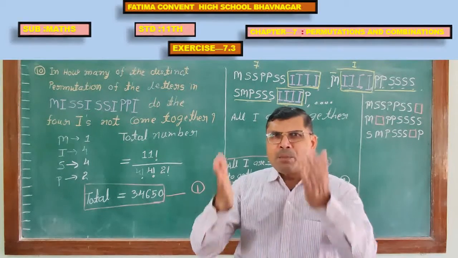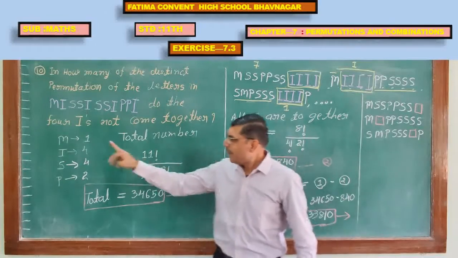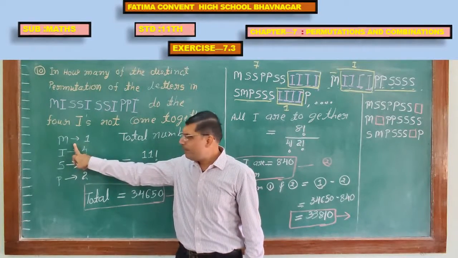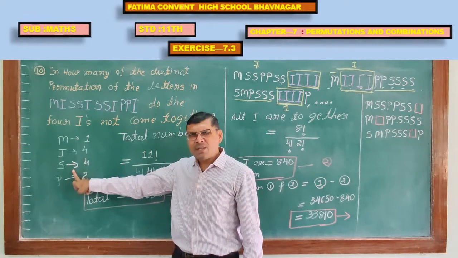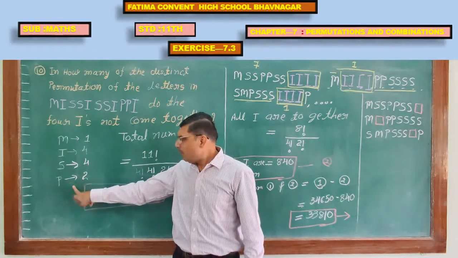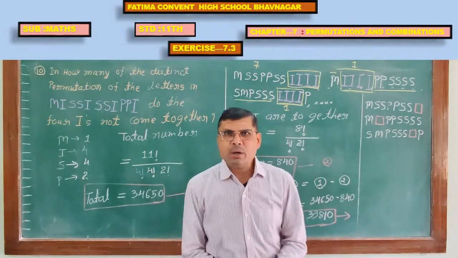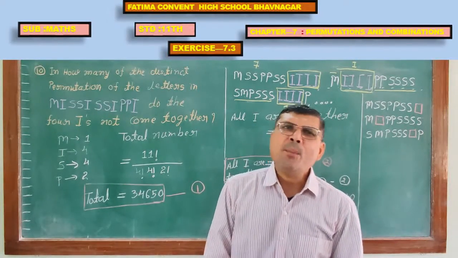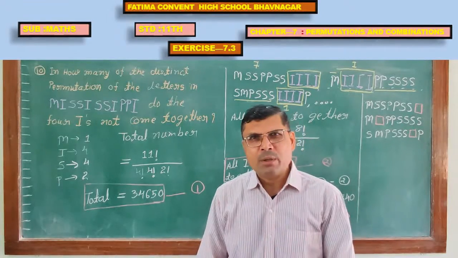First of all, let me analyze this word Mississippi. M is coming 1 time, I is coming 4 times, S is coming 4 times, P is 2 times. Now according to theorem number 4, in how many ways you can arrange, how many permutations are possible.